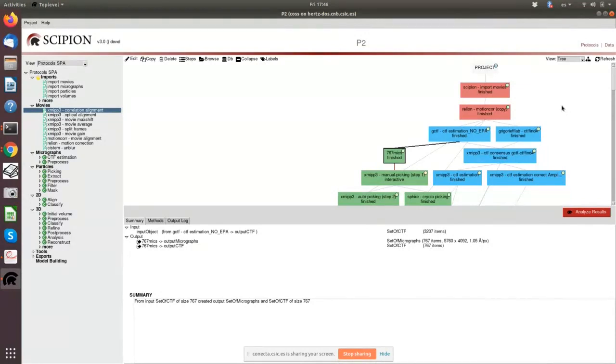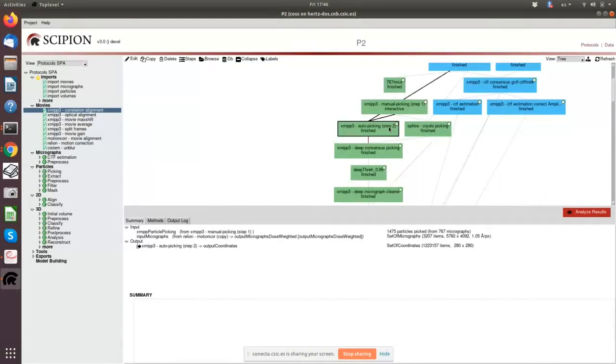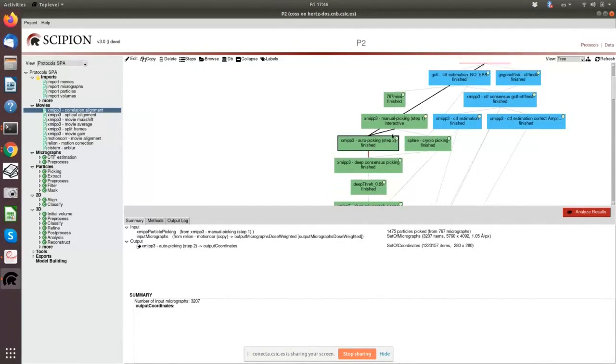When you have the first micrographs, and here we waited for 700 micrographs, but actually we picked only on the first 10 or 15. So you pick your particles in the first 10, 15, and then you can go to automatic picking, and this automatic picking is taking the model from the manual picking.